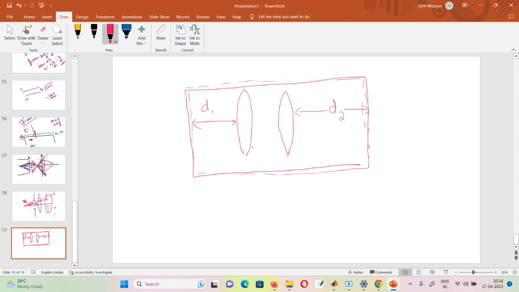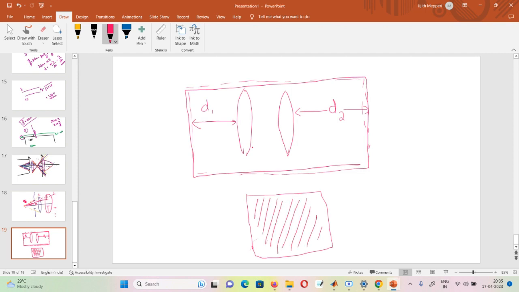Yes, sir. But that will be a cumbersome task. That will be a difficult task. It means you have to put a lot of effort into that one. So what we will do, you will define two distances. You will calculate the whole parameter of this thing, and you say that this is a black box.